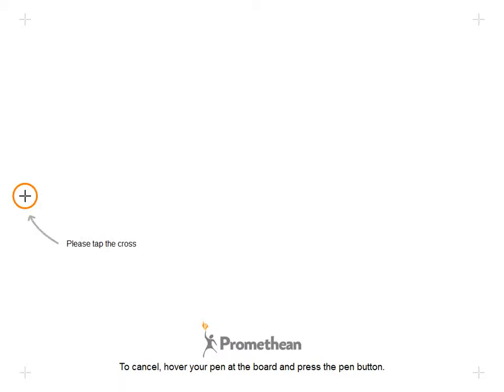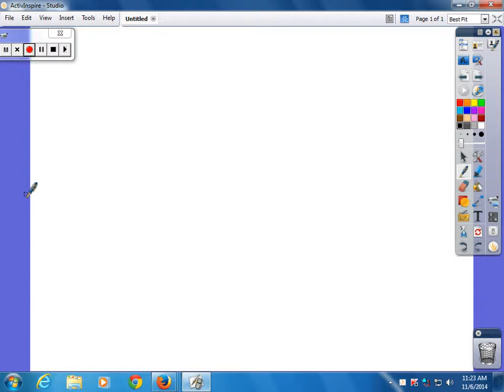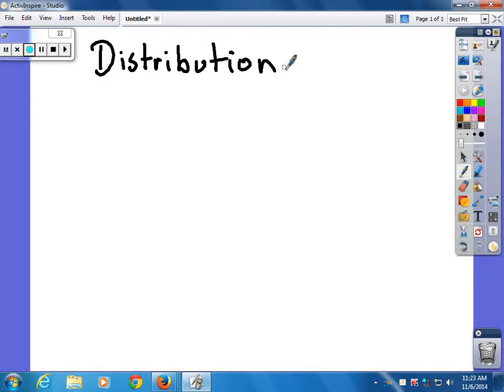In probability, there are two types of distribution. There is the uniform distribution, and there is the normal distribution.